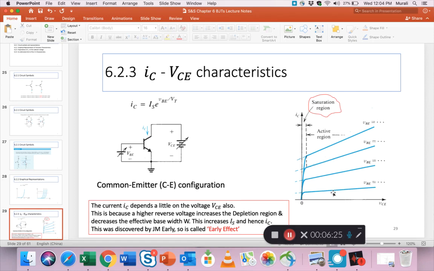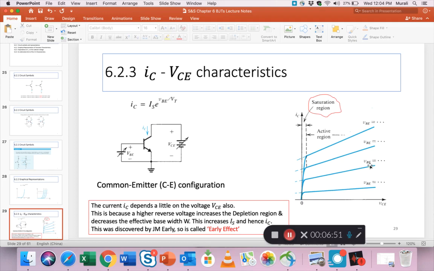You get different current. The more the VBE, the more the current, but it jumps up like this. But in theory, because we are plotting VCE against IC, it doesn't matter what VCE is. It should be constant. But what we notice is that for any given VBE, so let's pick this one.